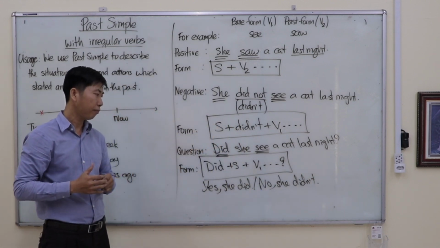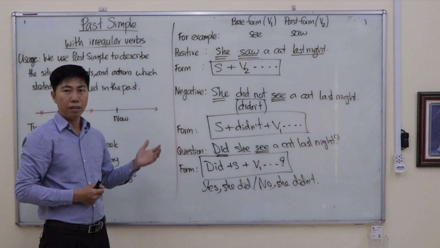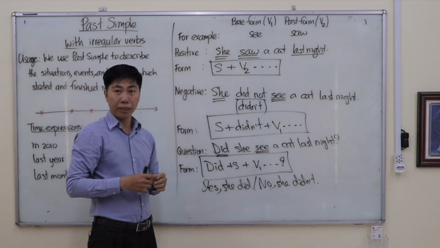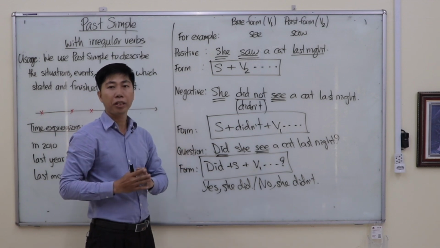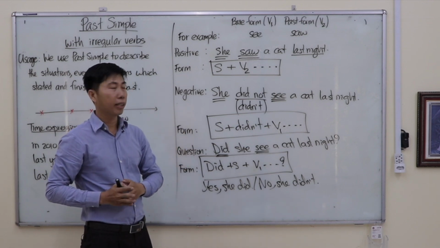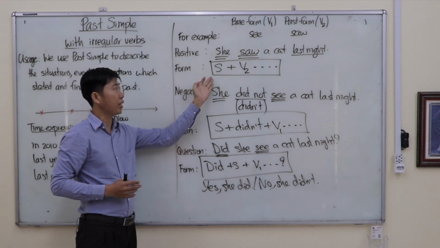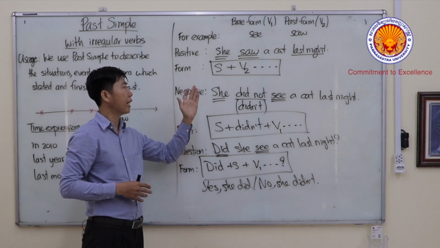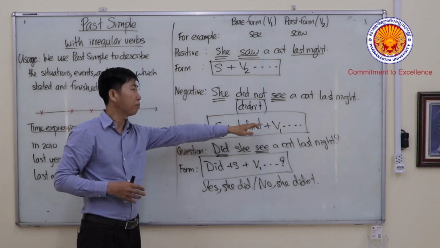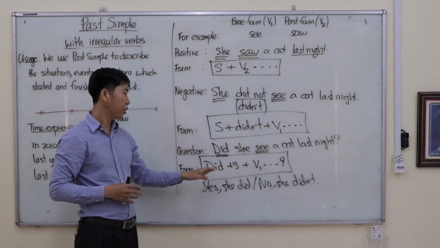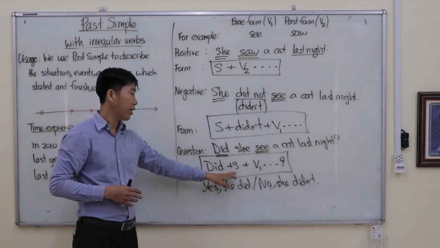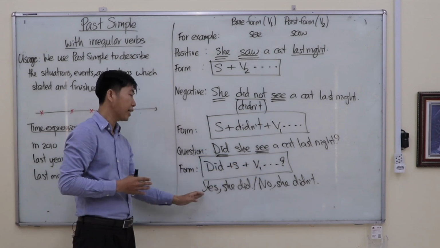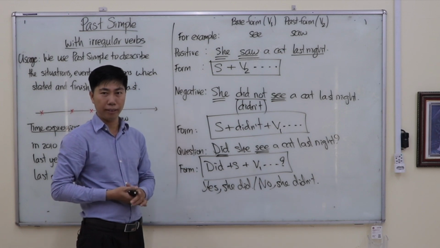So again, past simple is used with activities that happen and finish before now. In the positive we have subject with verb in the past, and in negative we have subject, didn't, and verb base form. For the question we start with the word did, subject, verb base form, and question mark. And the answer could be yes or no.